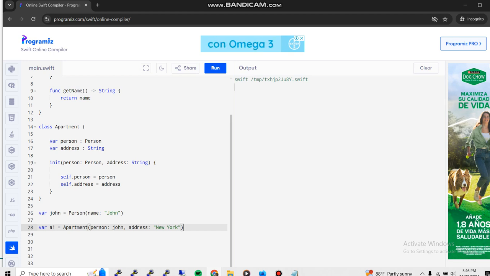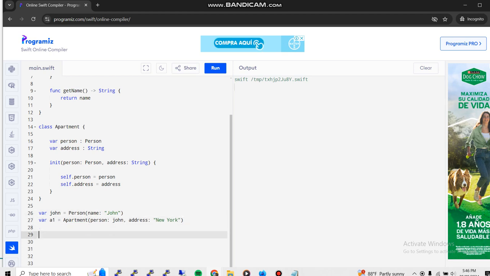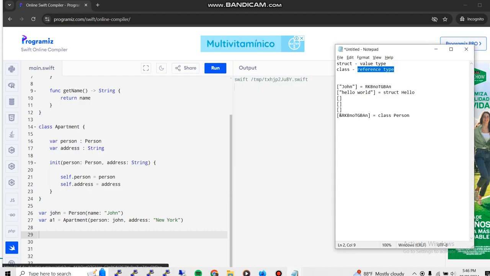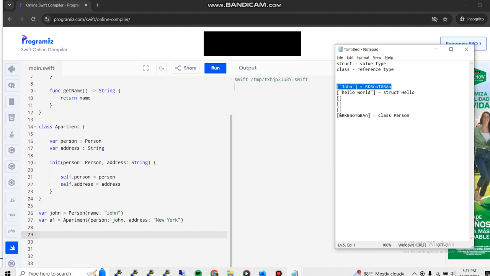When you have a class and also John like this, this information is floating in memory. While our app is running, we are occupying and using this memory, and that memory could be used for another process and needs to be released.